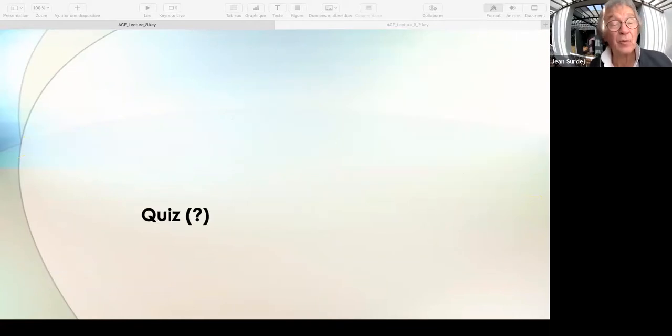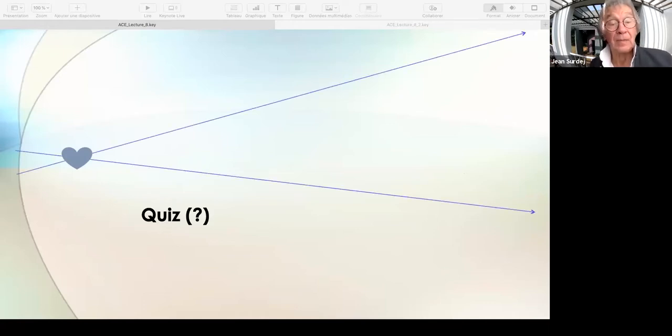Now, here is a quiz. Let's assume that the entrance aperture of your pinhole camera is a heart. So this is the shape of the hole in the pinhole camera. Now, let's assume that the source of light is the real sun, and the sun goes very far away on the left. And now, I'm setting the screen very, very close to it.